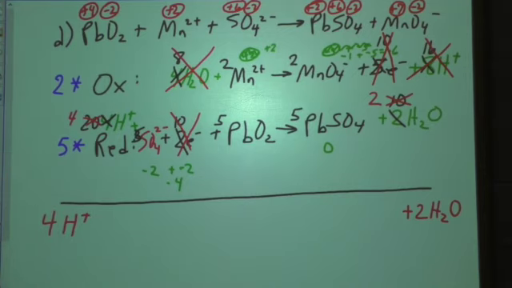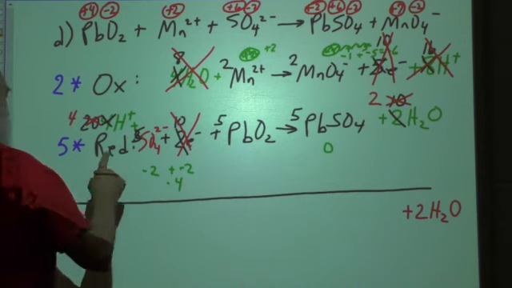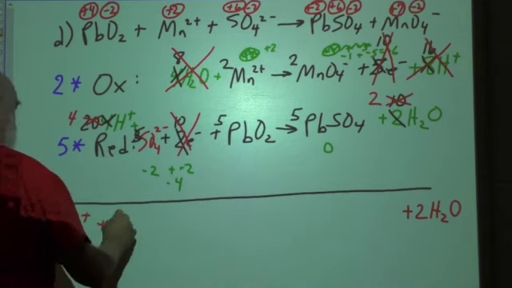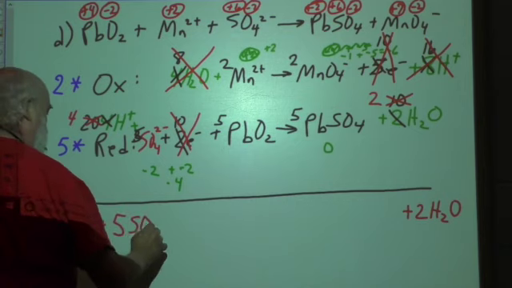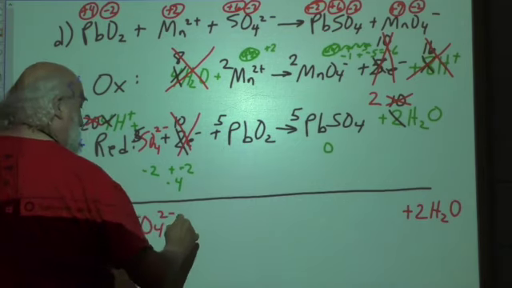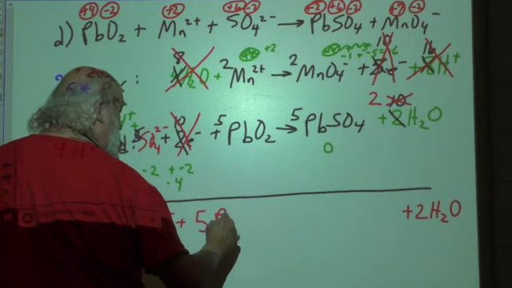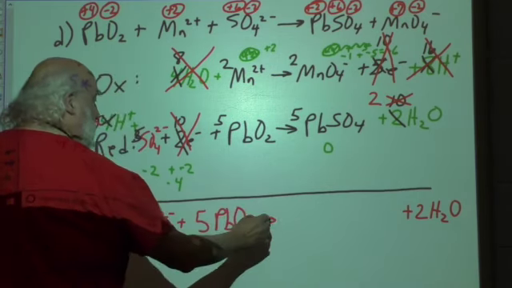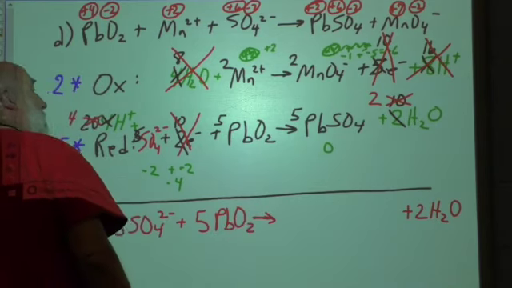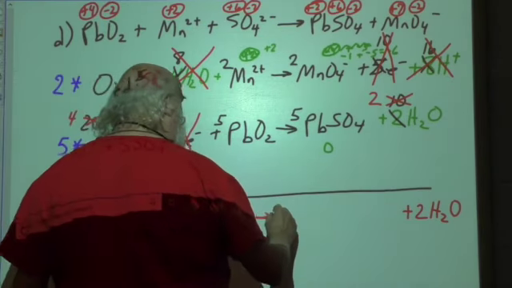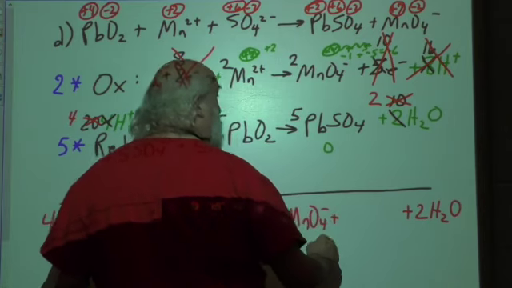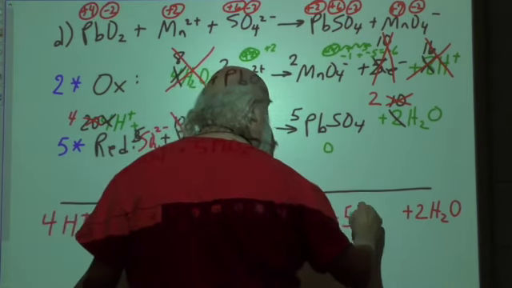And now I put down stuff that we have that's not reducible. And so we've got 4 hydrogens here, as I said, plus 5 sulfates, plus 5 lead oxides yields 2 permanganates, 2 MnO4 negative, and 5 lead sulfates.